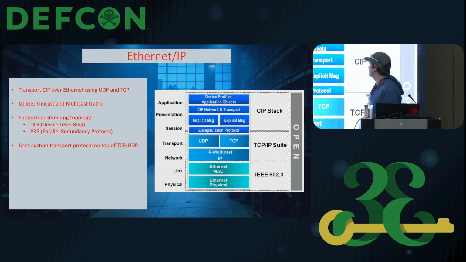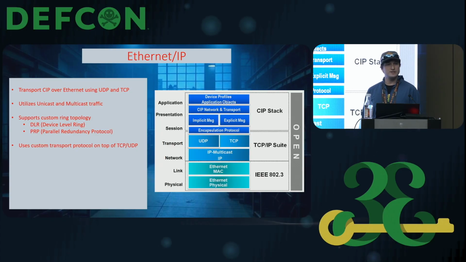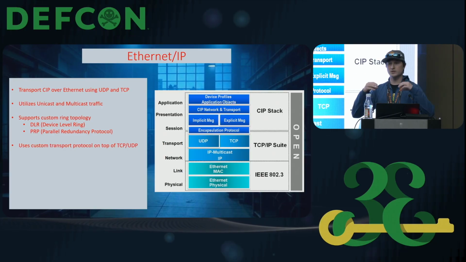You have CIP network and transport. CIP is super unique in the sense that it was pre-Ethernet networks in the plant. So they invented their own method for doing things like routing, doing things like CRC checks. Everything that you take for granted that's handled for you at your Ethernet level, CIP has those mechanisms built into it as well.